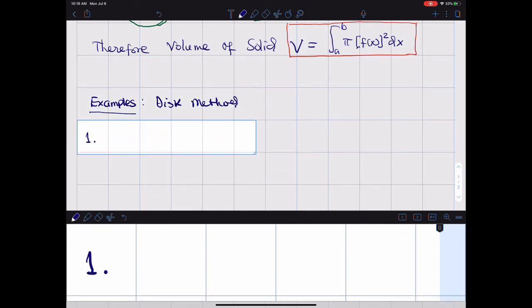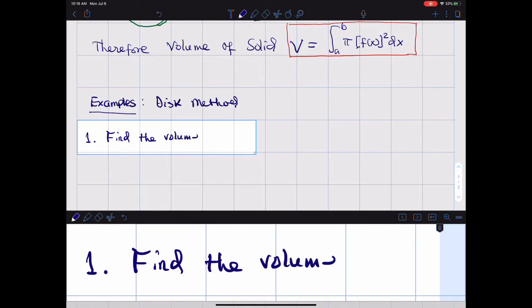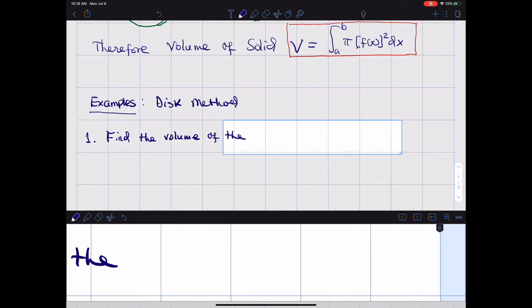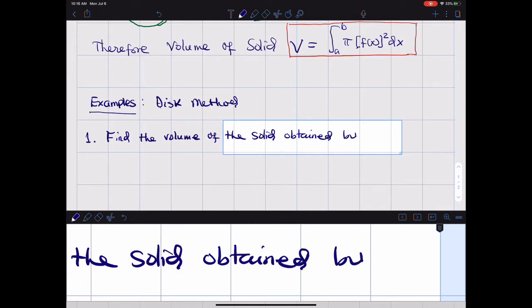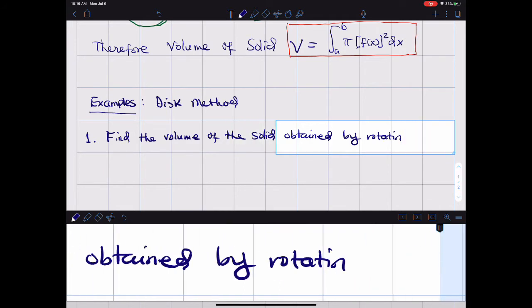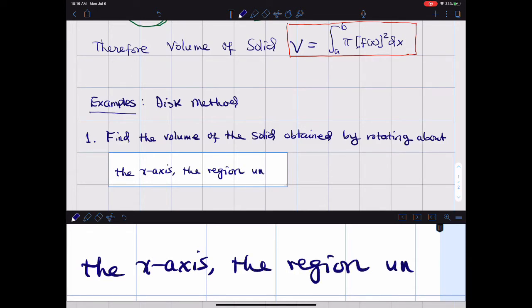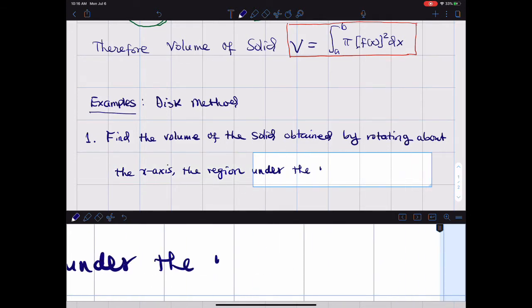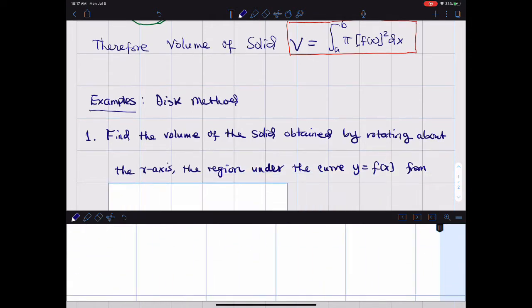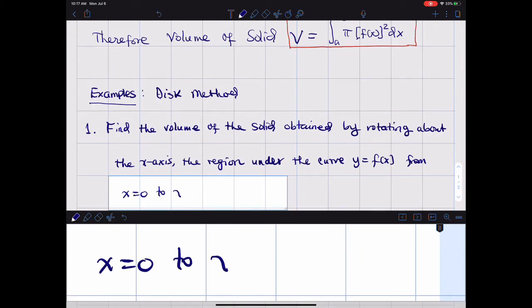So our first example is we would like to find the volume of the solid obtained by rotating about the x-axis, the region under the curve y equals f of x from x equal to 0 to x equals a.